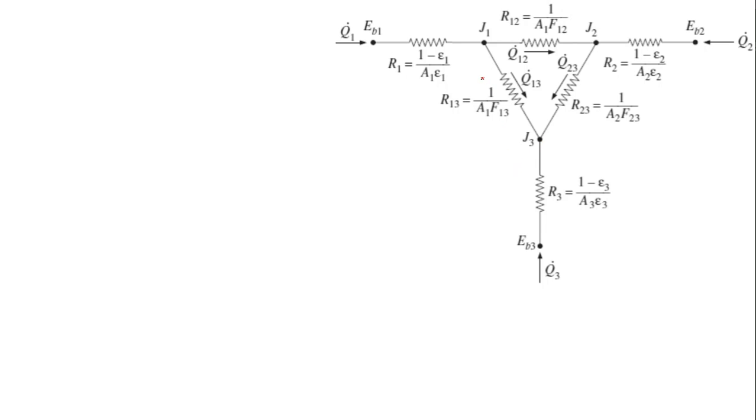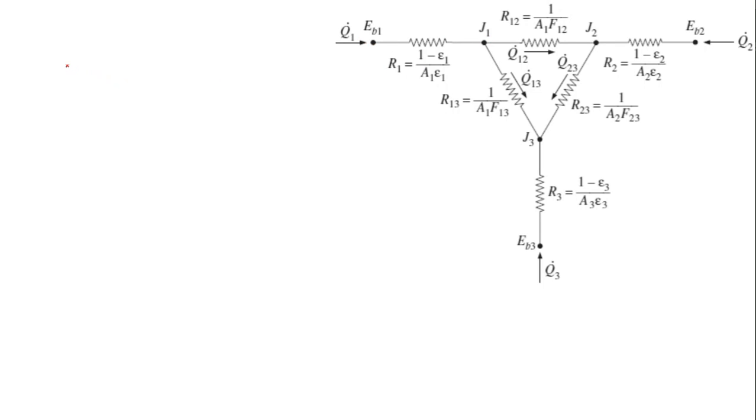So how will you find the equation for J1? We are going to write the radiation heat transfer equation between EB1 and J1, then between J1 and J2, and then between J1 and J3. Suppose Q1 heat is transferred from EB1 to J1.